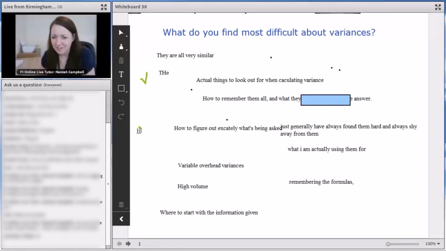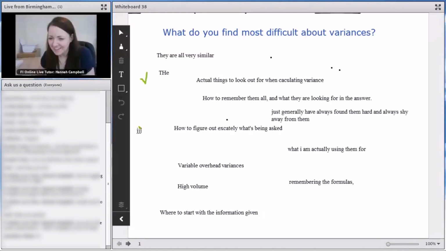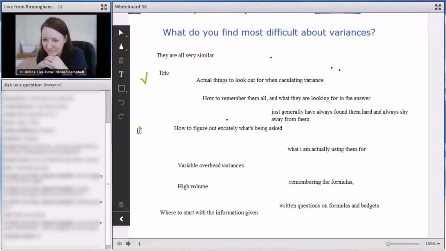Let's put that over there. I think you're deleting them now. Brilliant. I quite like that whiteboard. I definitely might use it again. I can't believe it's taken me this long to use it before.